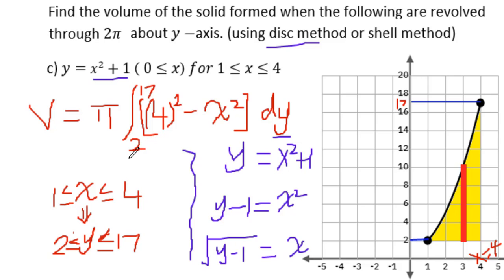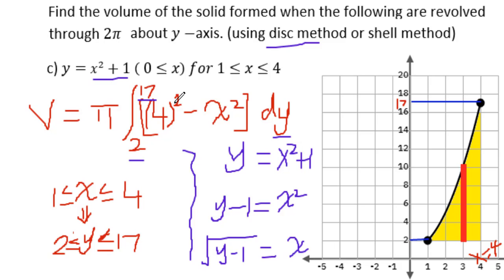That's the reason you get 2 and 17 here. R squared for x equals 4, this is an outer equation. The r will be 4.